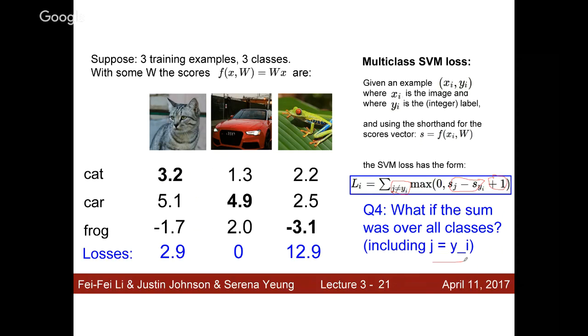Okay? All right. So what if we took the mean instead of the sum? If we averaged out all of these, so it's just losses divided by the number of classes.